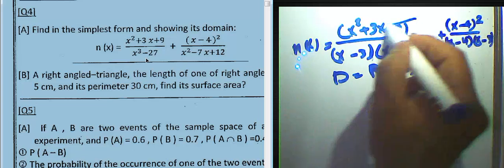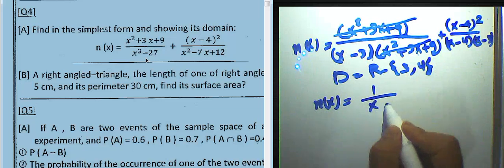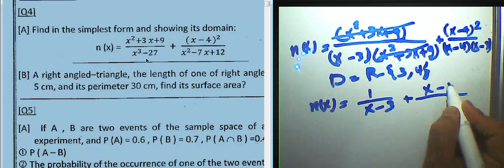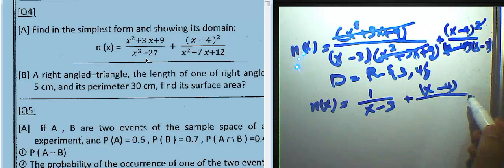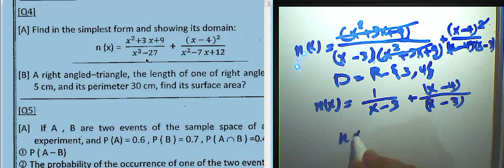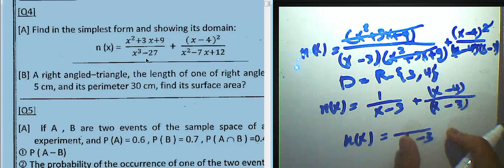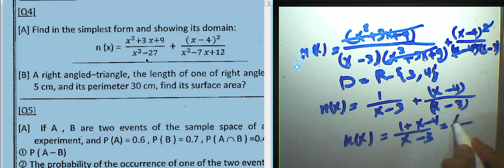You can simply cancel this fraction by this fraction, then n(x) will be 1 over (x - 3) plus (x - 4). We can cancel this expression by 1 in the numerator over x - 3, and then n(x), you can find the result in the simplest form because we have the same denominator. 1 + x - 4 equals x - 3 over x - 3 equals 1. The result will be equal to 1.